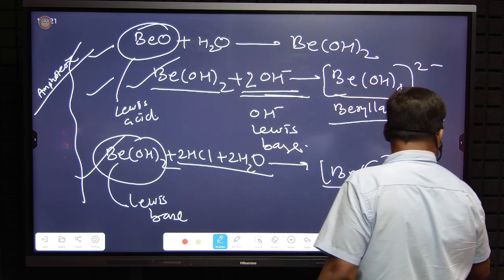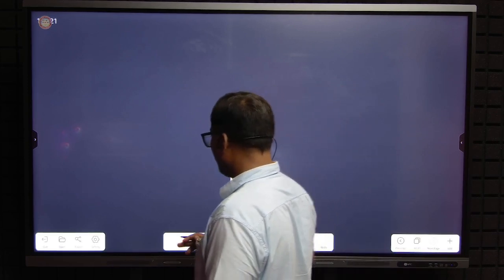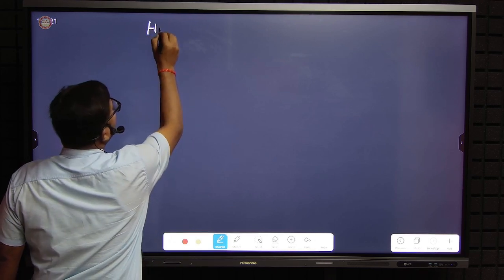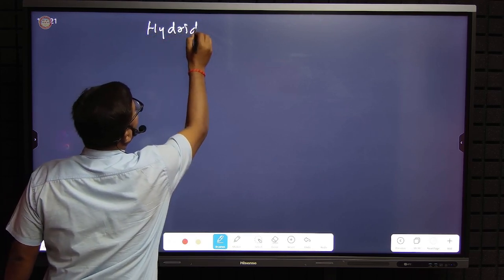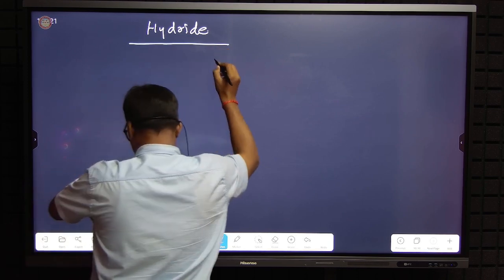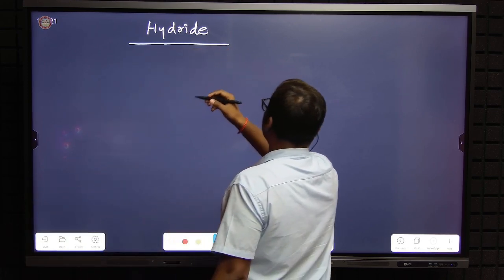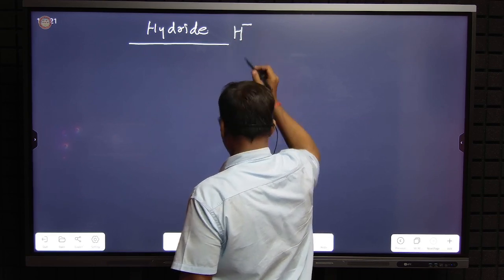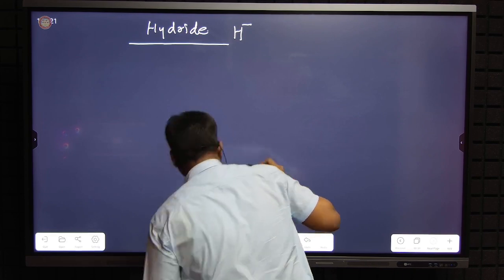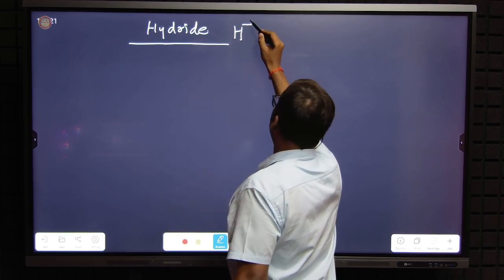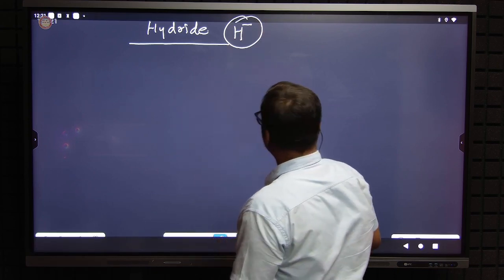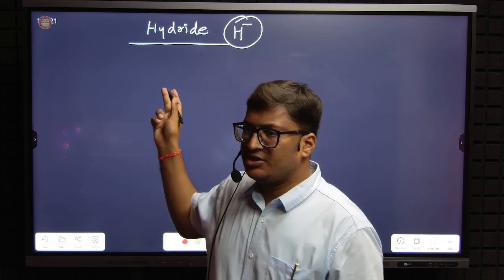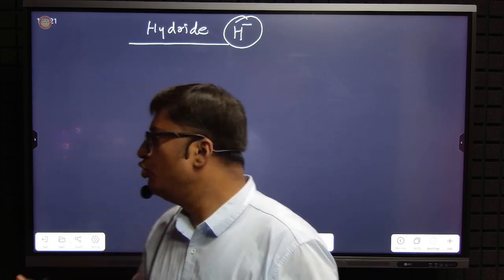So in the next topic, hydride formations. Hydride formations means the hydride ion, that is H minus. This H minus is diamagnetic in character, as you know this species contains 2 electrons.